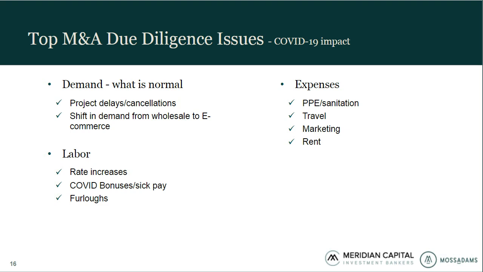So there's been a huge number of issues driven by COVID that have made it a lot more complicated for a buyer, I should say, to assess what's the normal, recurring revenue and profit stream for a company.